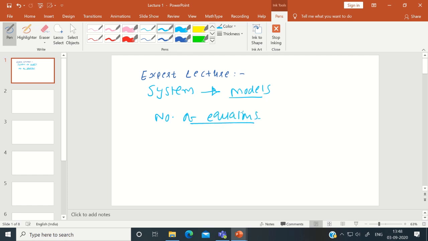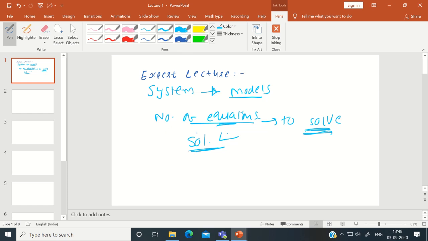You consider any engineering system, ultimately it is nothing but a number of equations, and our aim is to solve these equations simultaneously. We want to obtain the solutions of the equations. This is our aim, and there are a number of methods available, and many methods we have studied in engineering as well as in 12th standard, right?